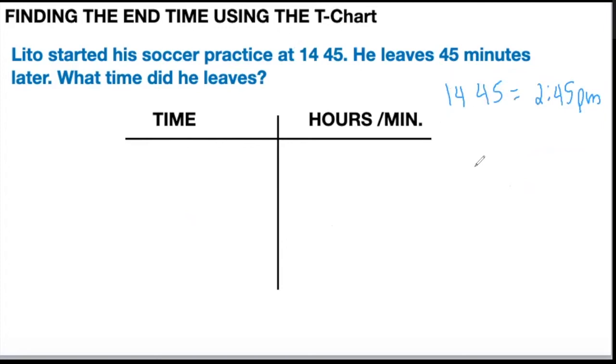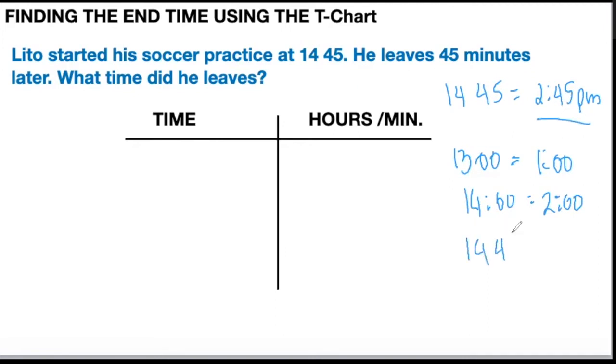So 1300 hours is equivalent to 1 o'clock. The 14 means it's 2 o'clock. So, plus the 45 minutes remaining, 14:45 is 2:45 p.m. So our start time will be 2:45 p.m.